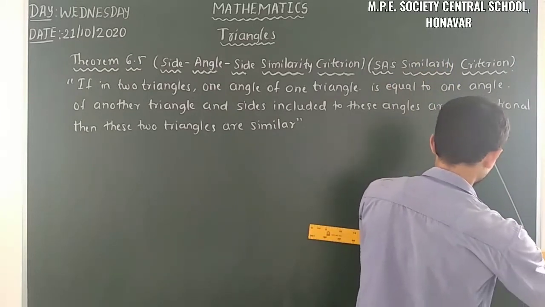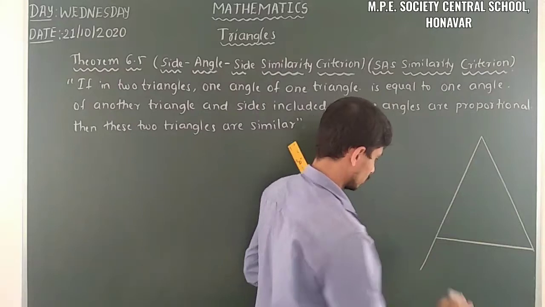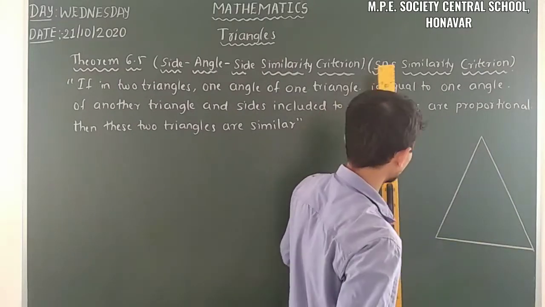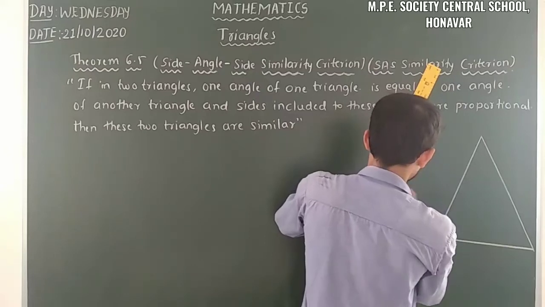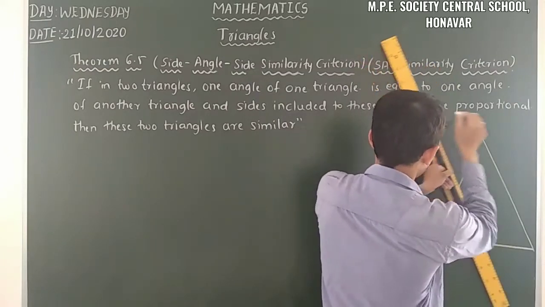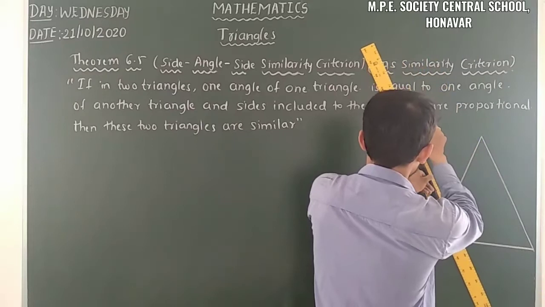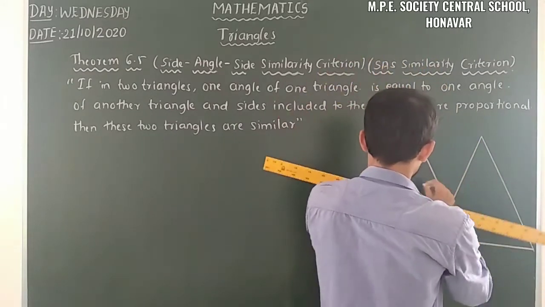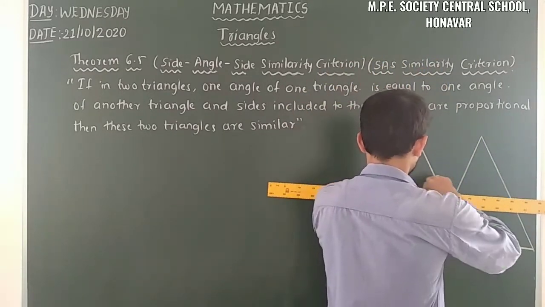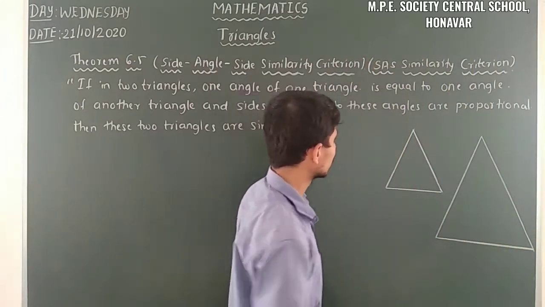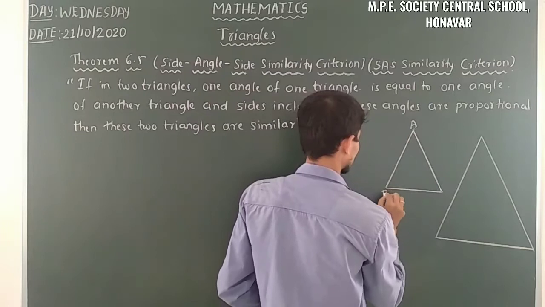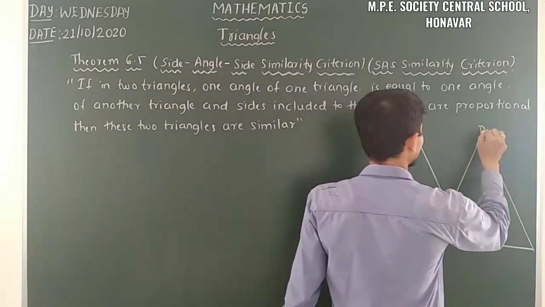I will consider the first triangle here, then also consider another triangle here. I consider these as ABC and DEF.